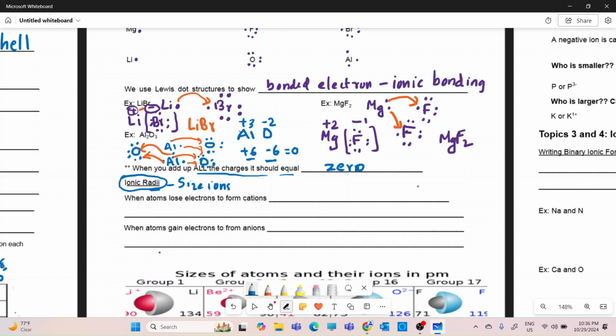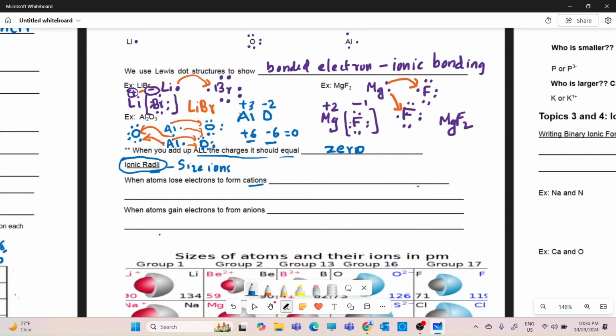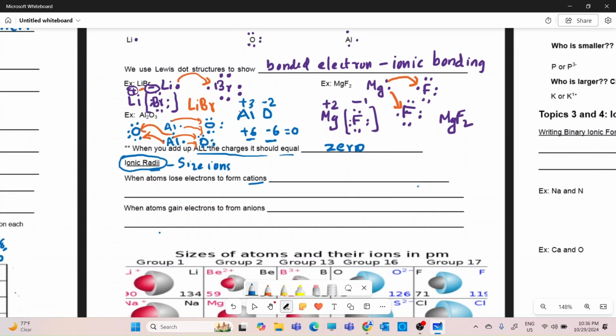We know that when an atom loses an electron, it forms a cation, which is a positively charged ion. So what happened to the size? Say for example, if sodium is losing an electron, it will become a sodium plus ion. So it had 11 electrons earlier. Now it has only 10 electrons.